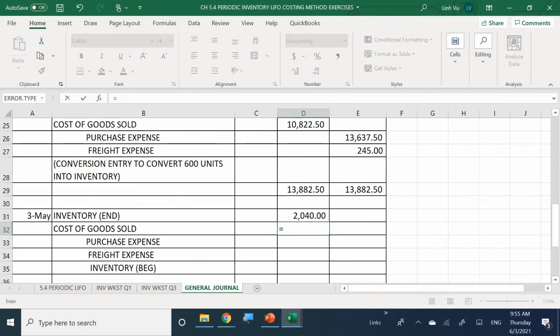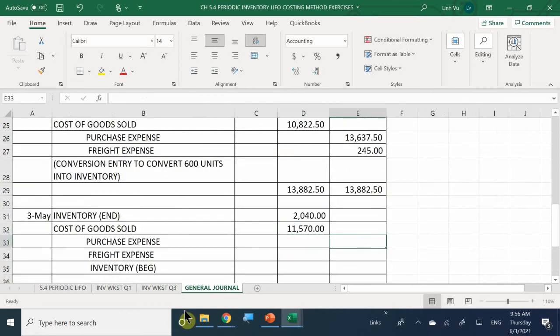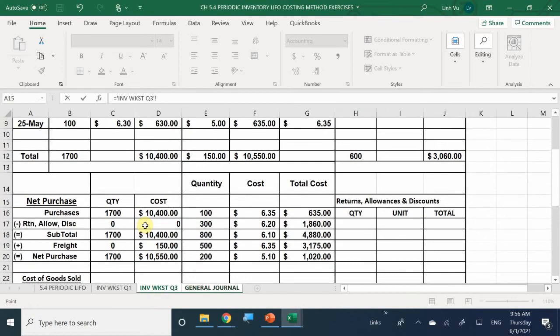What was the value of my total cost of goods sold? $11,570. Good. What were my total purchases? $10,550.